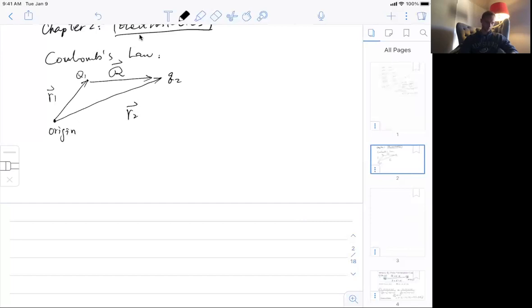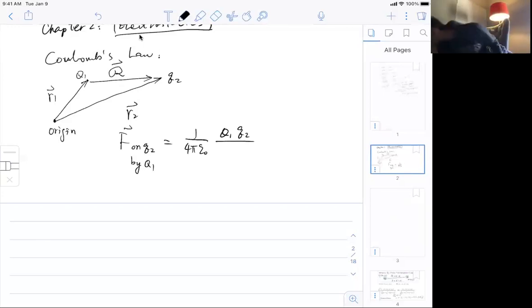If I want to write out Coulomb's law, I would say the force acting on the charge Q2 by charge Q1 can be written in terms of the Coulomb's constant, Q1, Q2 divided by the distance squared. It's an inverse square law, script R squared.